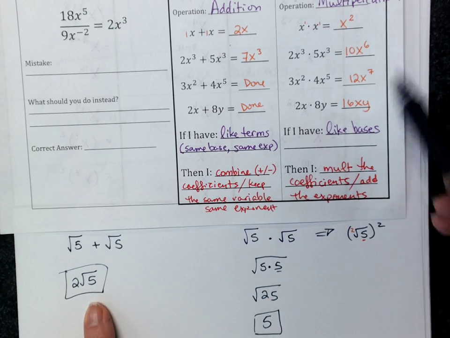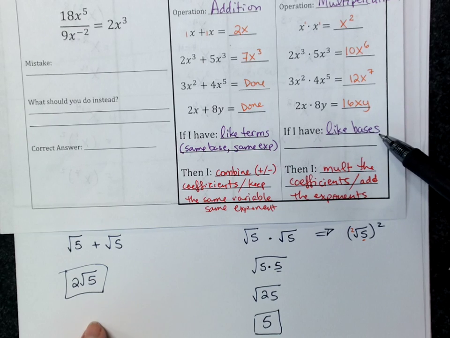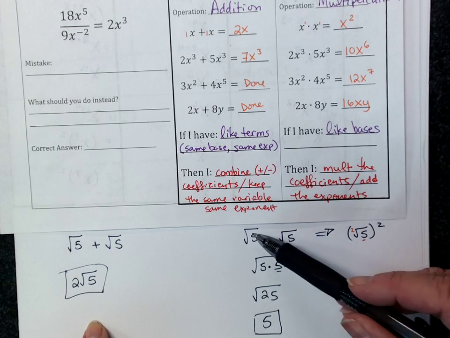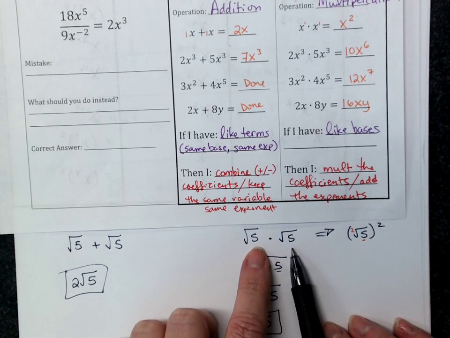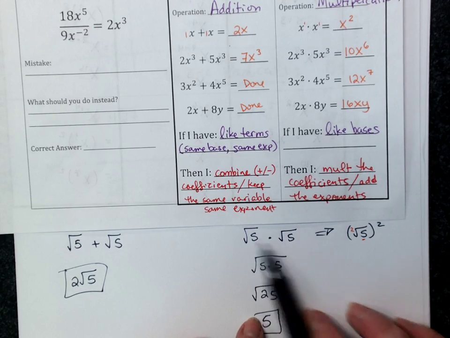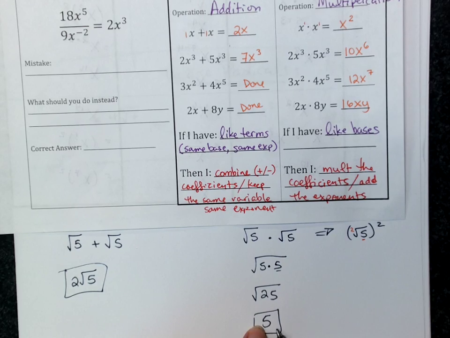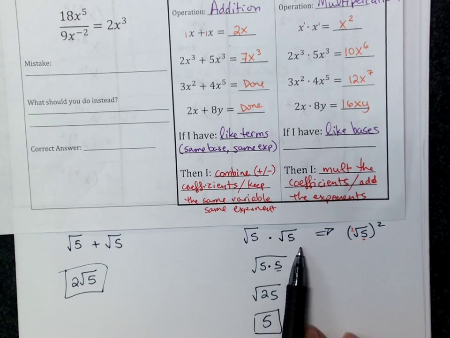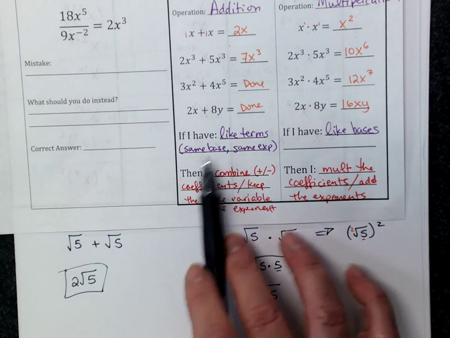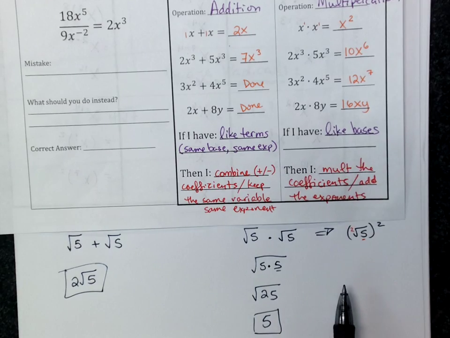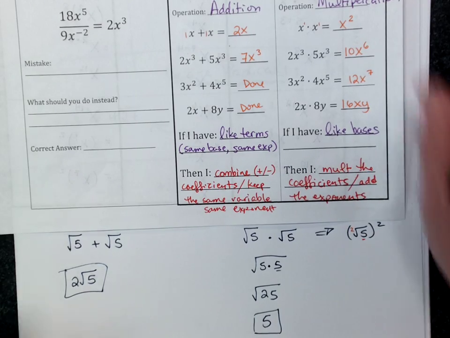But for multiplication, all you have to do is have like bases. With radicals, all you have to do is have like indices. Just because those radicands match gives us the special rule of it killing the radical sign and the answer is the radicand, but that doesn't mean you have to have like radicands to multiply. You just have to have the same index. See, there are 2 rules for addition. There's 1 rule for multiplication. It's a little simpler.